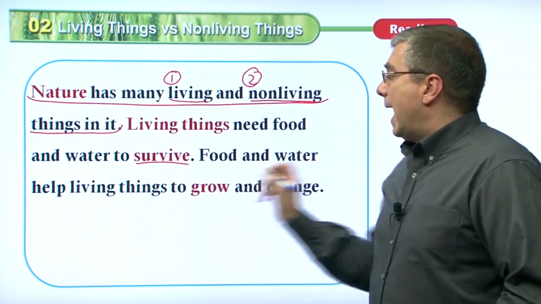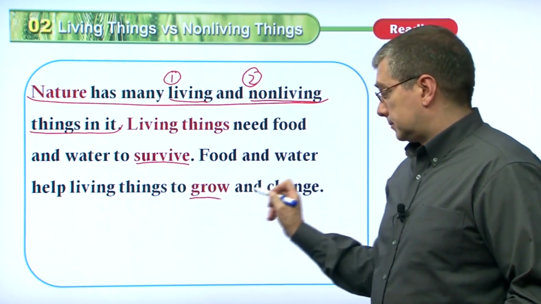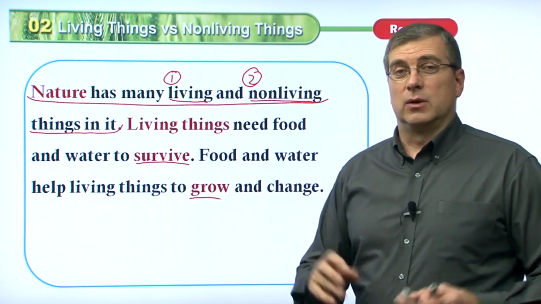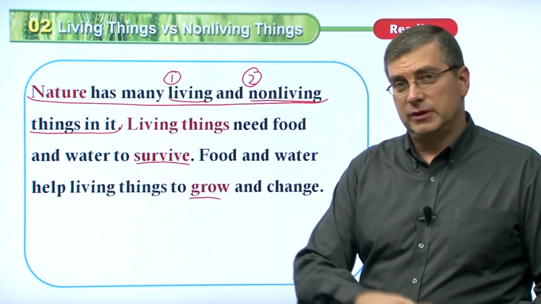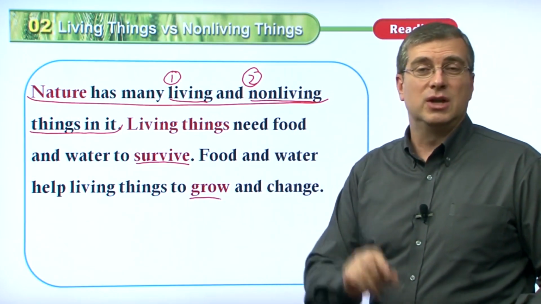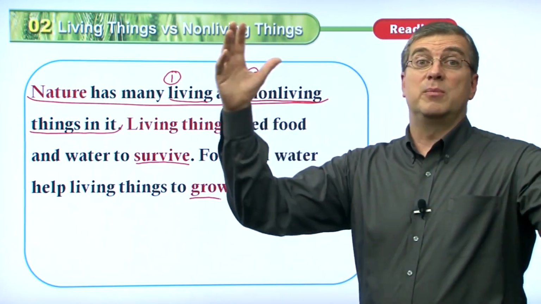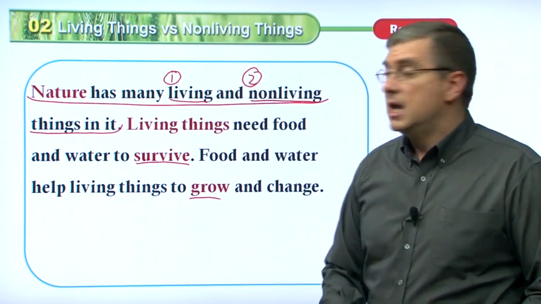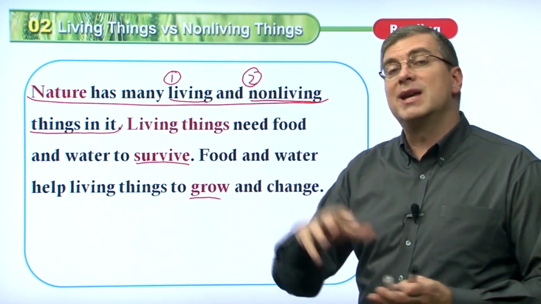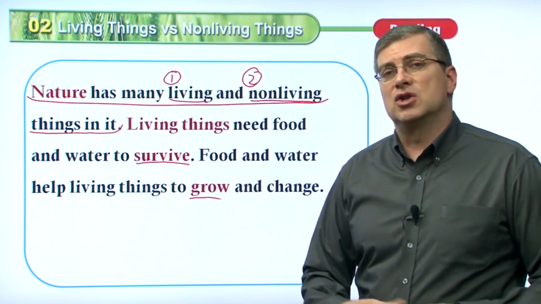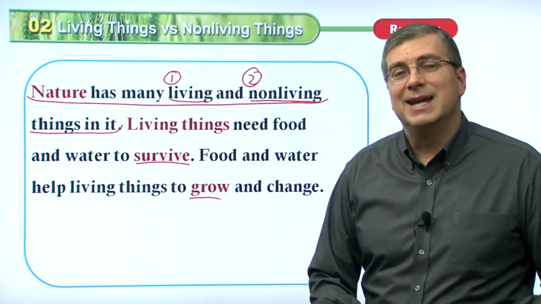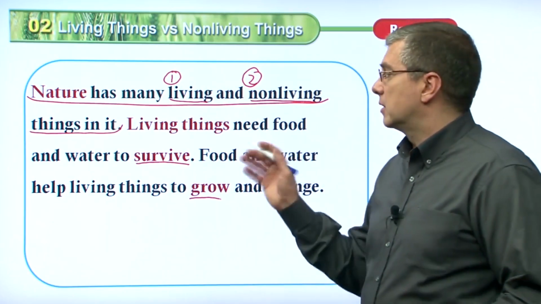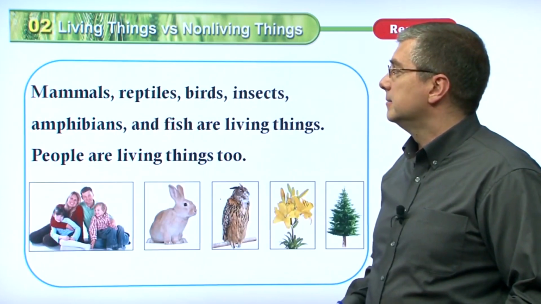Food and water help living things to grow and to change. So things will change from babies to adults. Plants will change from seeds to very big trees in some cases. So living things will grow, they will get bigger, and they will change in their shape and especially in their size. That's about living things.